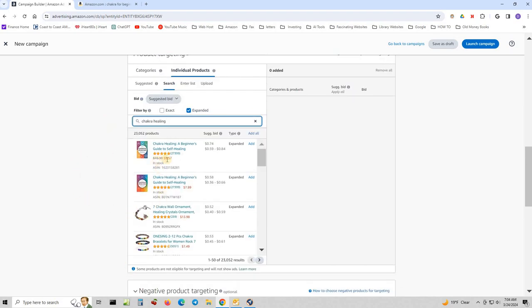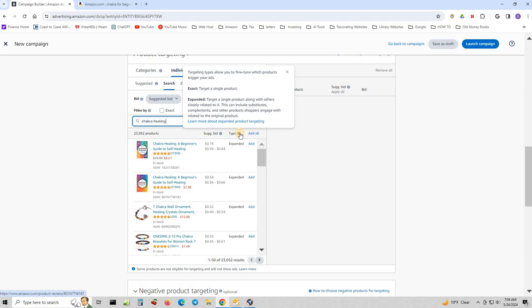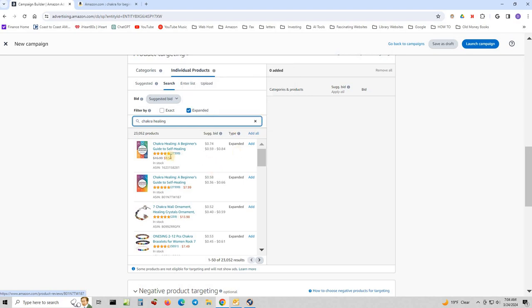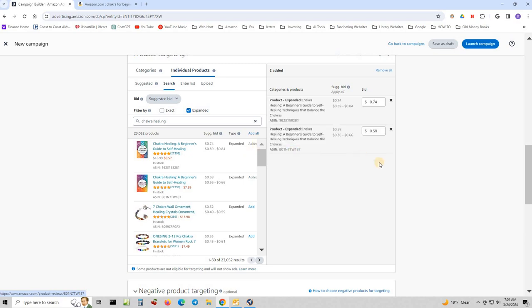So I don't know why there's 2 versions here. That's interesting. Well, I guess we'll add both of them. What the heck? Why not? They're both the same price. Well, no, one's 9 and one's 7. Why is that?